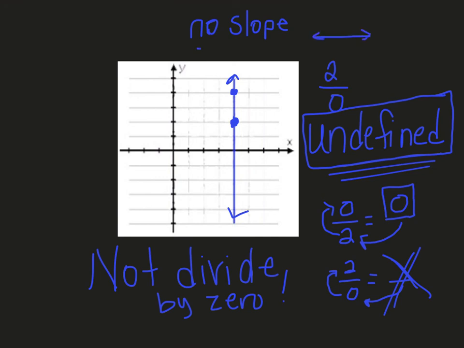So I don't like this because students confuse that as being a slope of 0. Whenever I see them using the words no slope instead of undefined, I want you to use the word undefined, because that's really what it is.